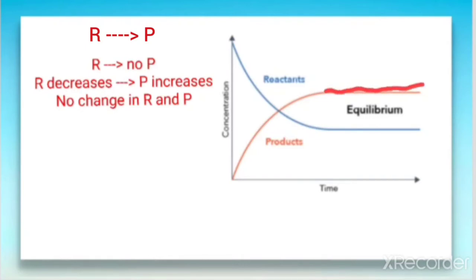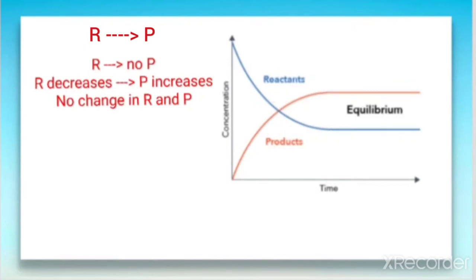So here is a straight line, here is a straight line. That shows it is a stage where the concentration of reactant is not changing, because when you look here, the value of concentration of reactant is as it is and the concentration of product is as it is.